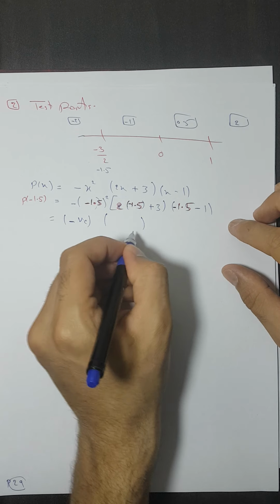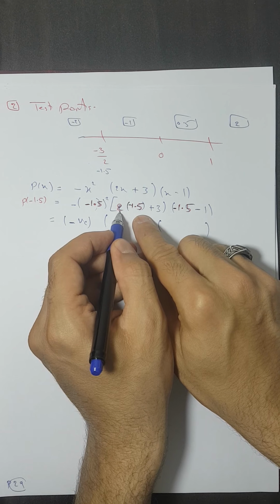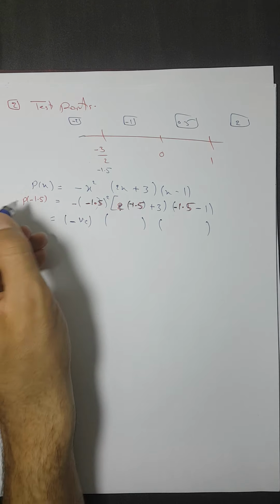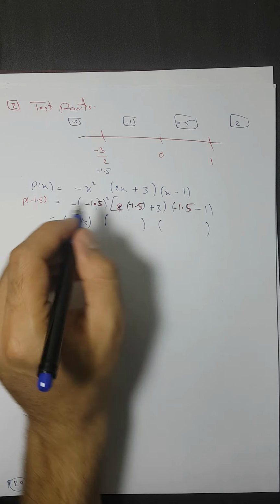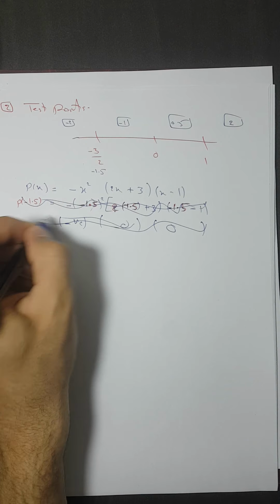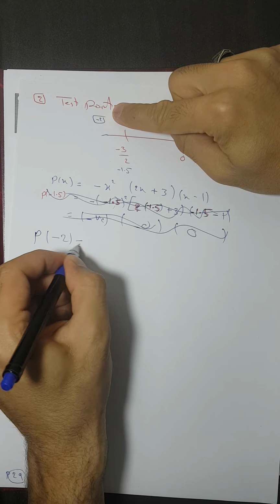Sorry, we shouldn't put this one. If I put this one, I will get 0 because it's an intersection. I made a mistake, sorry. So I should put what? There is a test point. It's -2, right?